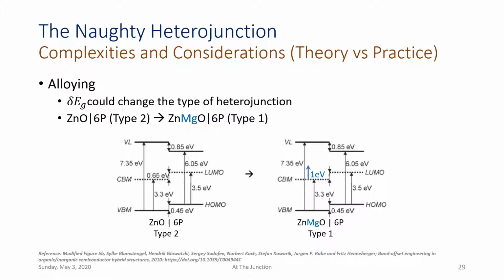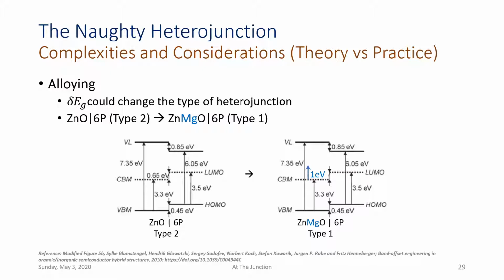So we are trying to analyze the figure given on this slide that's taken from the reference given below on the slide as well. And you can see that when magnesium is added to zinc oxide, the band gap increases by 1 electron volt, and it is entirely the conduction band that moves up.